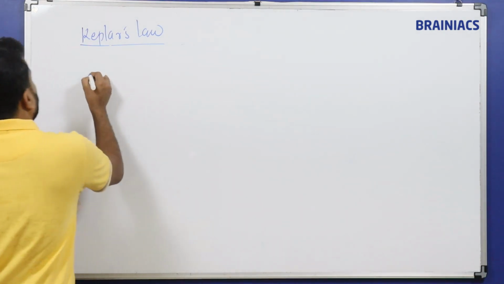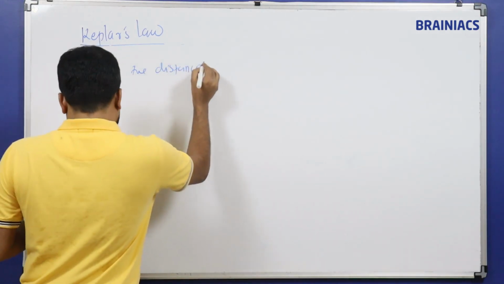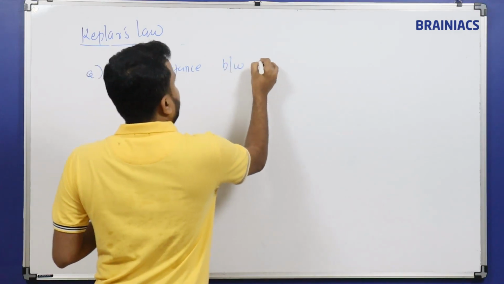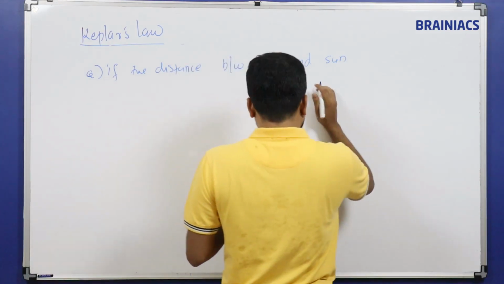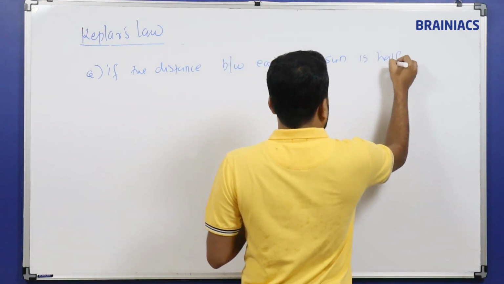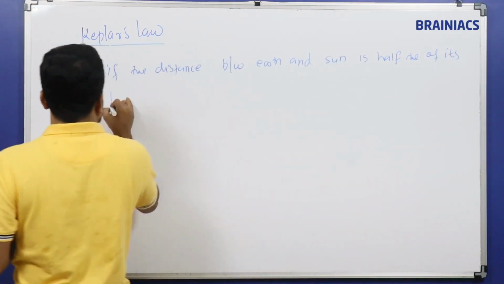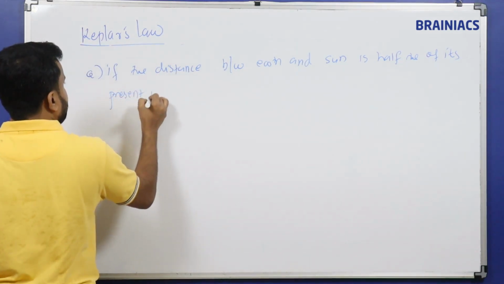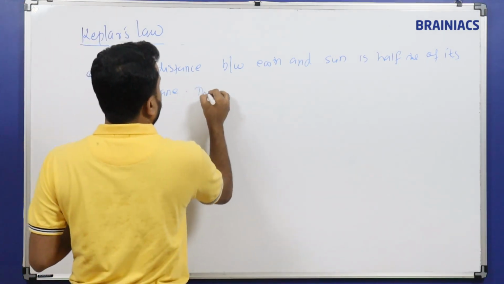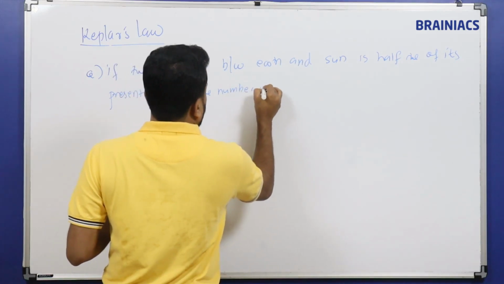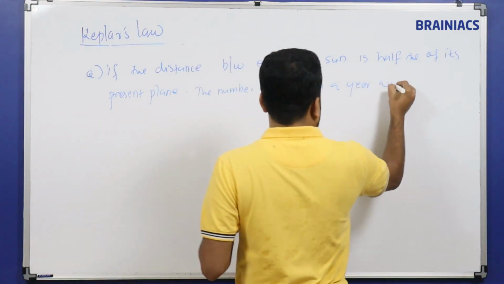The question is: if the distance between Earth and Sun is half of its present value, the number of days in a year would be?